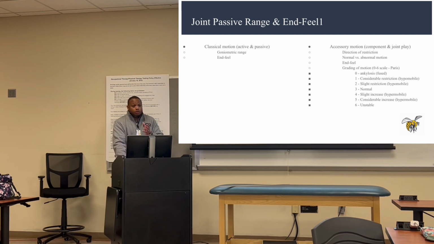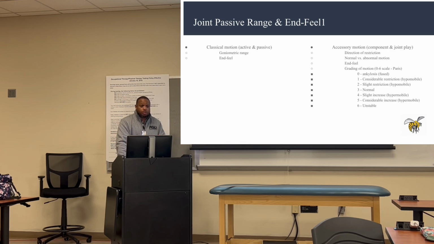We want to start off our accessory motion by utilizing it for assessment, because primarily it is utilized to assess. Now, why in the world would we want to assess the component motion or accessory motion? You may have joint instability, or muscle weakness, like in the rotator cuff or something.